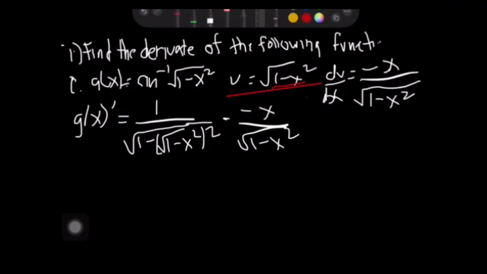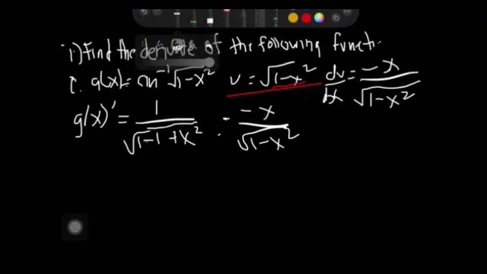Notice that we can cancel out the square root here, so we are left with 1 minus, and we can distribute the negative sign, so we have 1 minus 1 plus x squared, because negative times negative equals positive, and 1 minus 1 is 0.